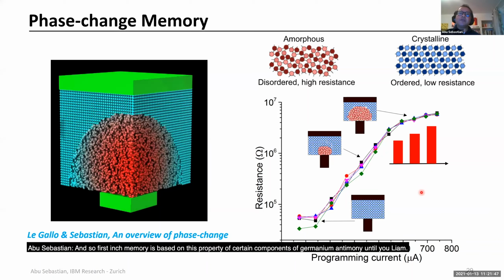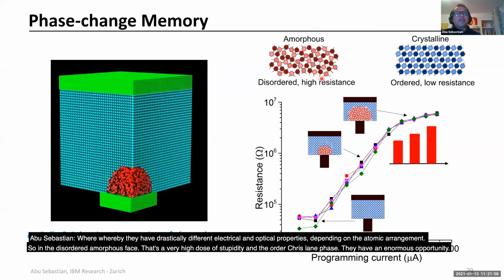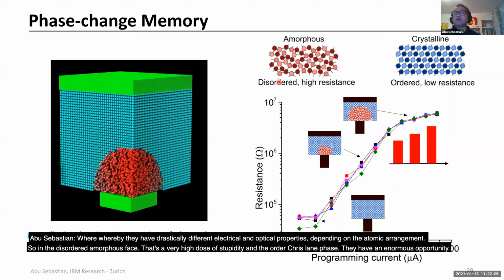And so phase change memory is based on this property of certain compounds of germanium, antimony, and tellurium, whereby they have drastically different electrical and optical properties depending on the atomic arrangement. So in the disordered amorphous phase, they have a very high resistivity, and in the ordered crystalline phase, they have very low resistivity.